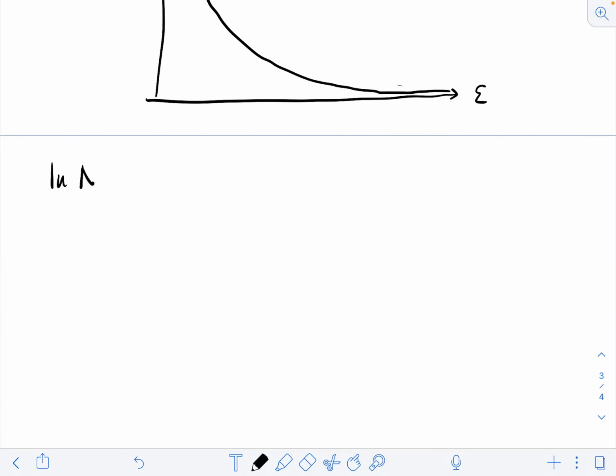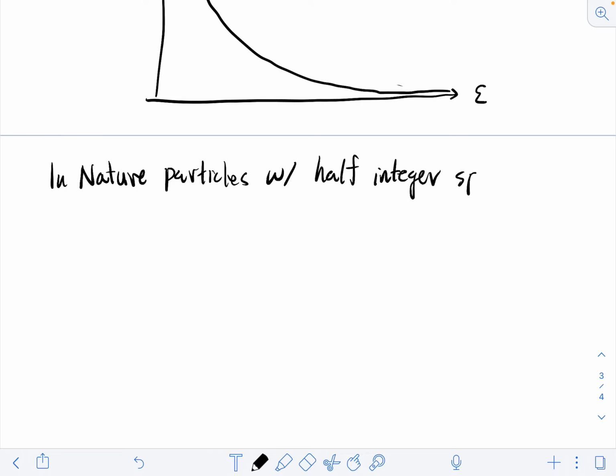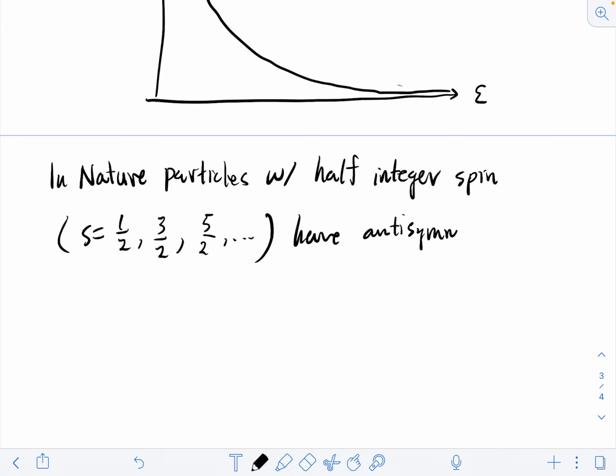And so next we have fermions. In nature, particles with half integer spin, so it's going to be like 1/2, 3/2, 5/2, and so on, have anti-symmetric wave functions and are called fermions.